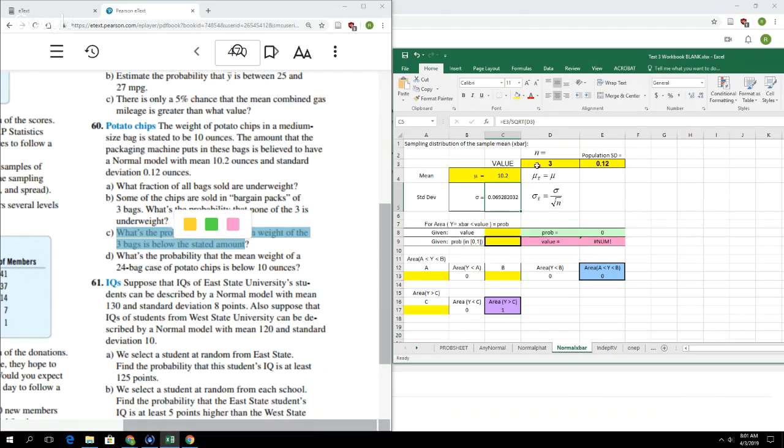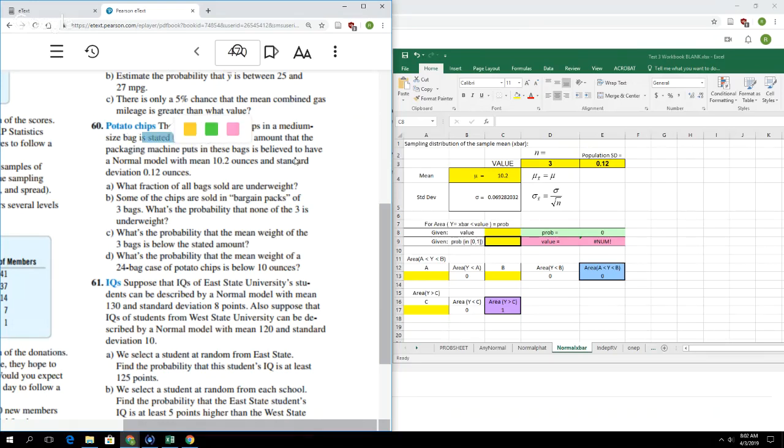We've thrown in our sample size, our population standard deviation and our mean, and it spat out our sample standard deviation. Now, what's the chance that the mean weight is below the stated amount? Stated amount is 10 ounces. It says so right here.